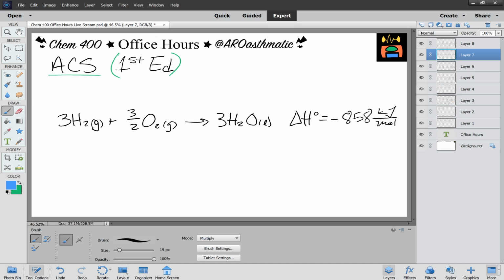So we have now 1 mole of ozone gas producing 3 halves of a mole of O2, and the delta H here is negative 135.5 kilojoules per mole. And again, sig figs here for this delta H, we only have 3.